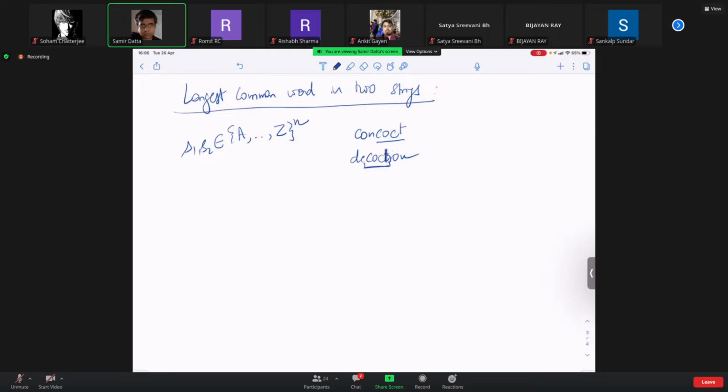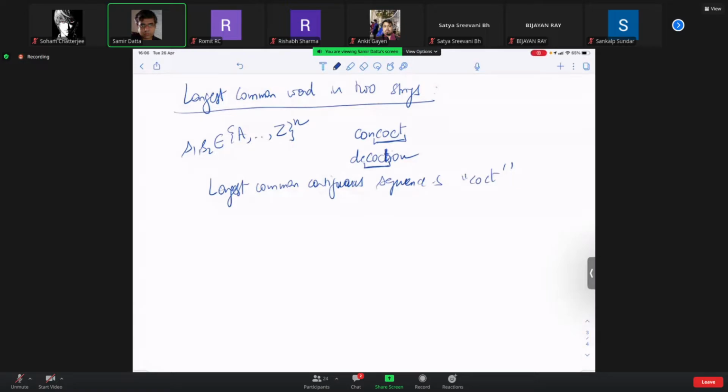And you can see that this is the longest contiguous subword, the longest common contiguous sequence between the two. Correct?